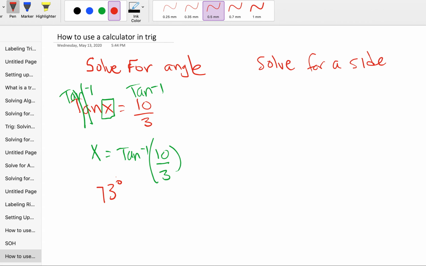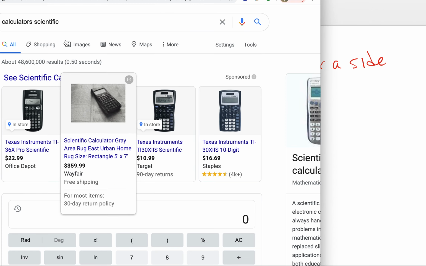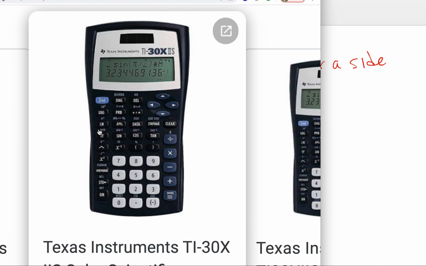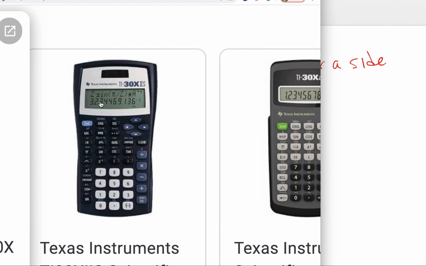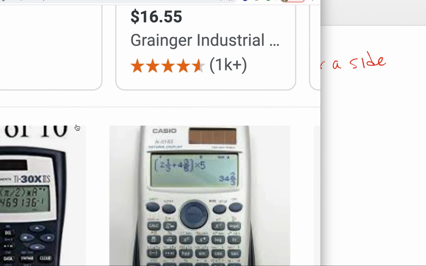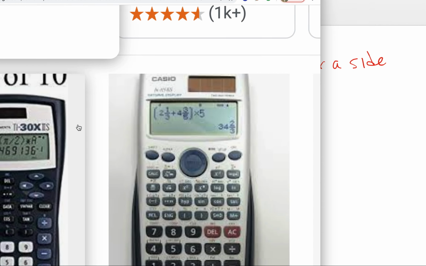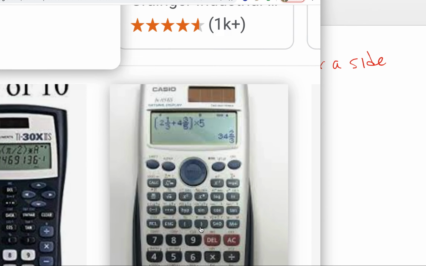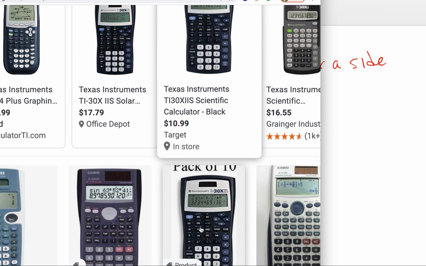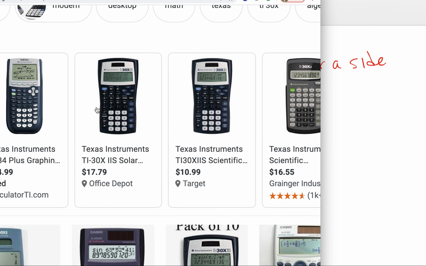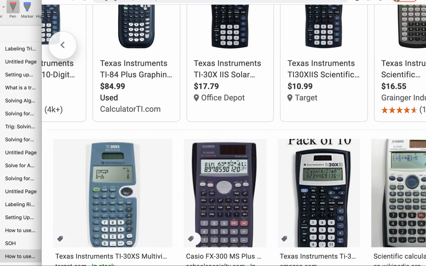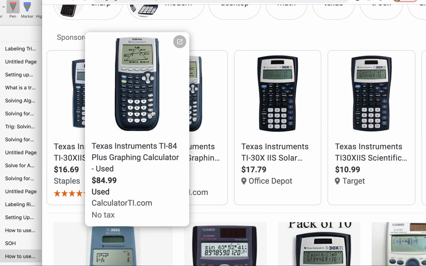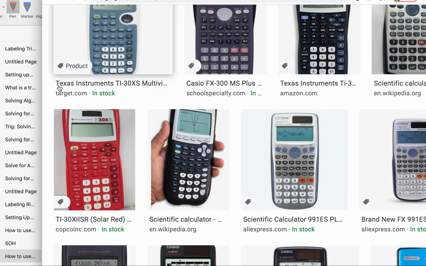If we take a look at a few calculators, what we'll see is most of them have a colored button, and it's the second button, or the shift button. Sometimes they're yellow. This one doesn't have a color, but it's not clear enough to see. Depending on your calculator, here it's green, here it looks blue. You'll see the shift button.